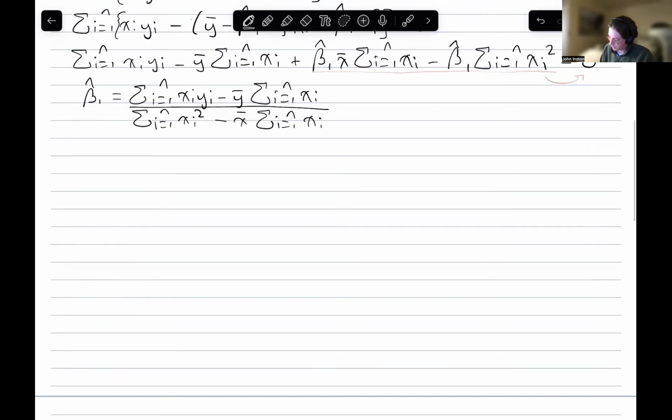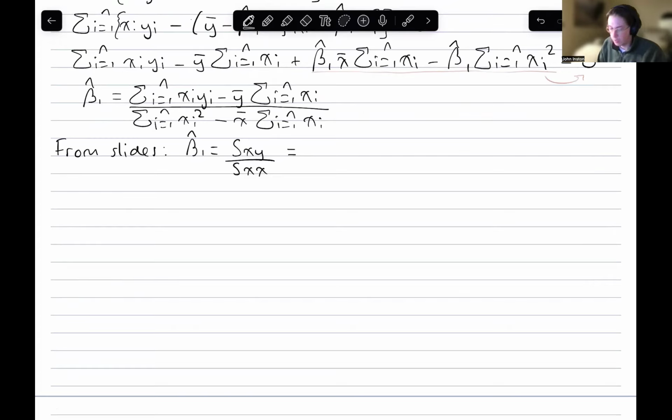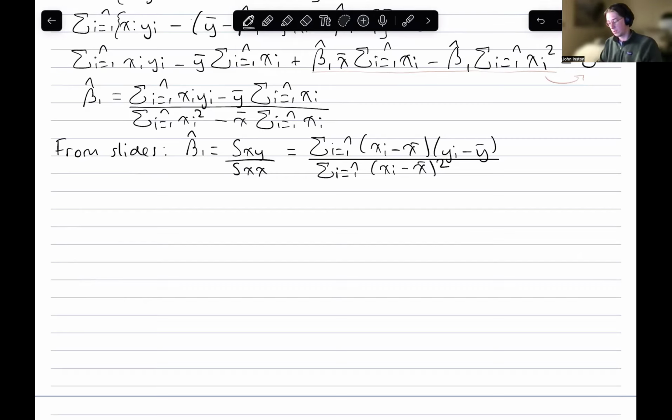In terms of the slides, we have that beta 1 hat is equal to Sxy over Sxx, which is equal to the sum from i equals 1 to n of (xi minus x bar)(yi minus y bar), over Sxx, which is the sum of (xi minus x bar) all squared. Okay, so we can show the equivalence of these expressions.